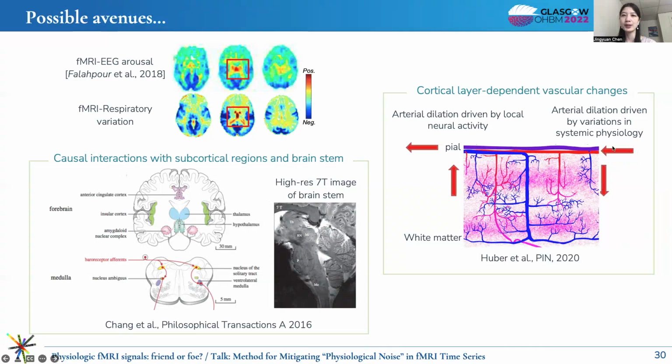So it's starting from pial vessels and propagating to those smaller vessels here. So resolving these timing order differences in future studies may also shed some insights into these differences.